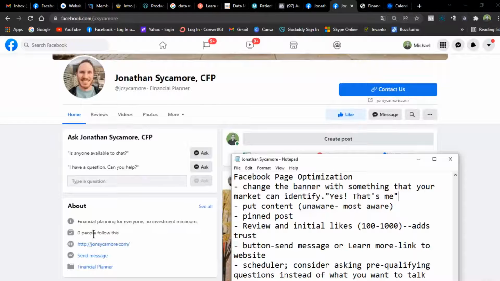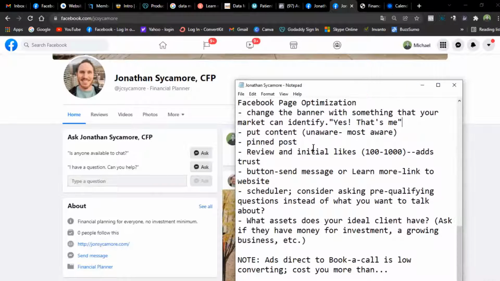So right now, you don't have any followers. So it's going to be a hard time for the AI of Facebook to figure out who your market is. So what I suggest is to invite people who are your ideal clients or prospects to like your page, so that gives Facebook an idea who your market is.